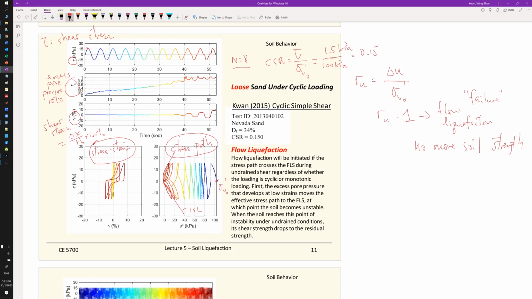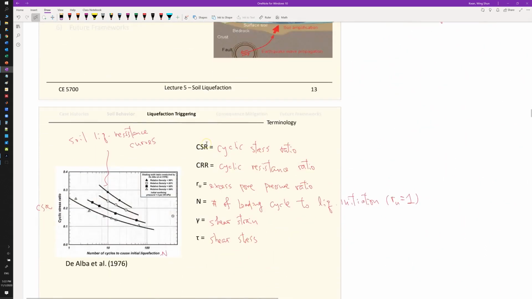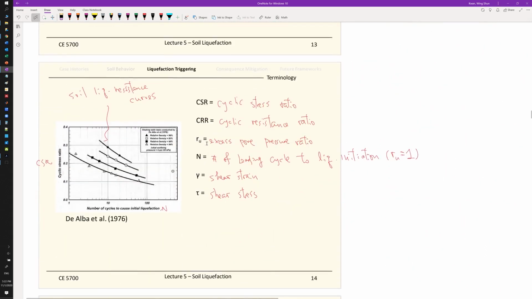So for this cyclic simple shear test, we know the CSR equals 0.15 and the number of cycles reaching failure is 8. So if we go back to here, if we try to establish a data point for the particular sand that we work on, we know the CSR is 0.15 here, and this is 8 right there. So we got one data point there.